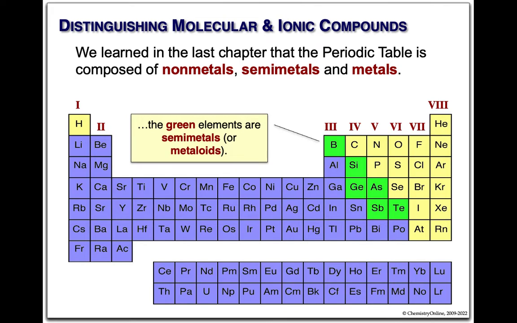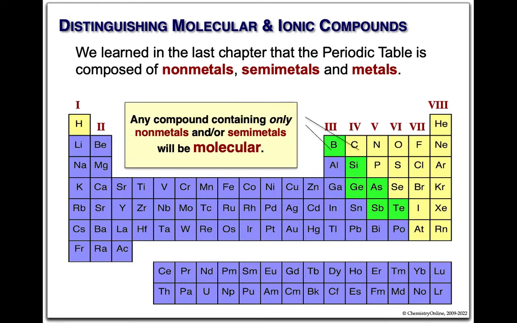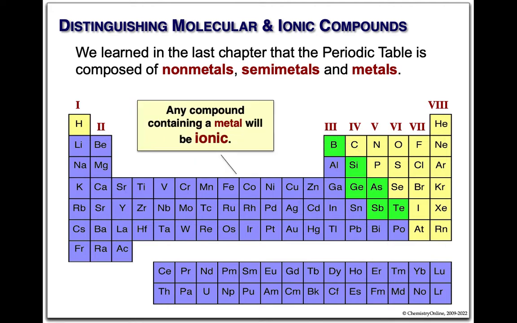If your compound only contains semimetals and nonmetals, it will be molecular and have covalent bonds. The easiest rule to remember, however, is for ionic. If your compound contains a metal at all, it will be ionic.